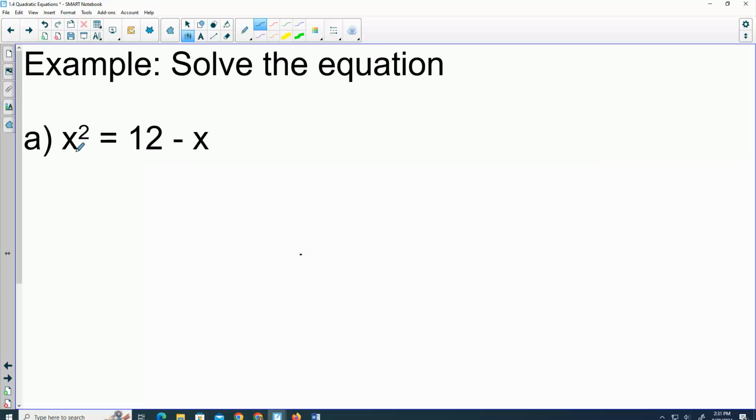So I'm going to leave it where it is, and I'm going to move the other stuff over. If I want to move that negative x, we would have to add the x to the other side. If I want to move my 12, I would have to subtract 12. Okay, so it becomes x squared plus x minus 12 equals what? 0, and that's what we want over here.